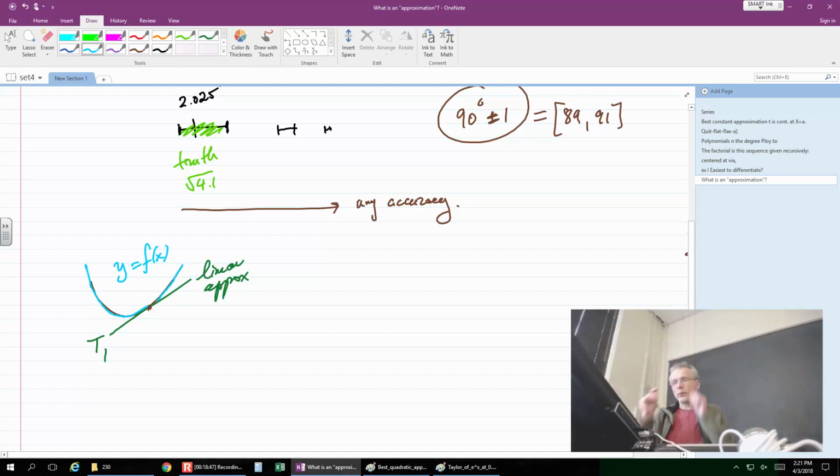The degree of your error is determined by how far your function f of x is pulling away from your linear function. This is what it is determined by. So the question we should ask is, what makes f turn away from its tangent line?